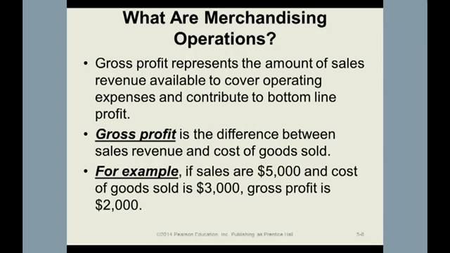The idea is that you buy the product for $3,000 and then you mark it up at a premium. Obviously you want to sell it for more than you pay. The gross profit, as I go on to tell you, is probably one of the most important measures in a merchandising operation, because don't forget, you still have to cover your operating expenses.